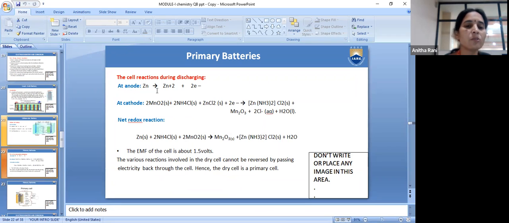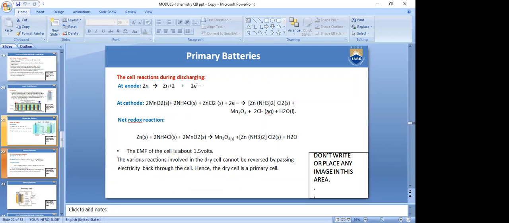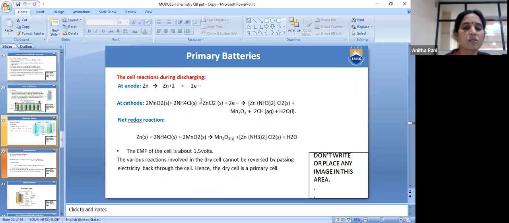Anode, zinc. What happens? Loss of electrons, oxidation reaction. At cathode, gaining of electrons undergoes reduction in presence of MnO2, ammonium chloride, zinc chloride.